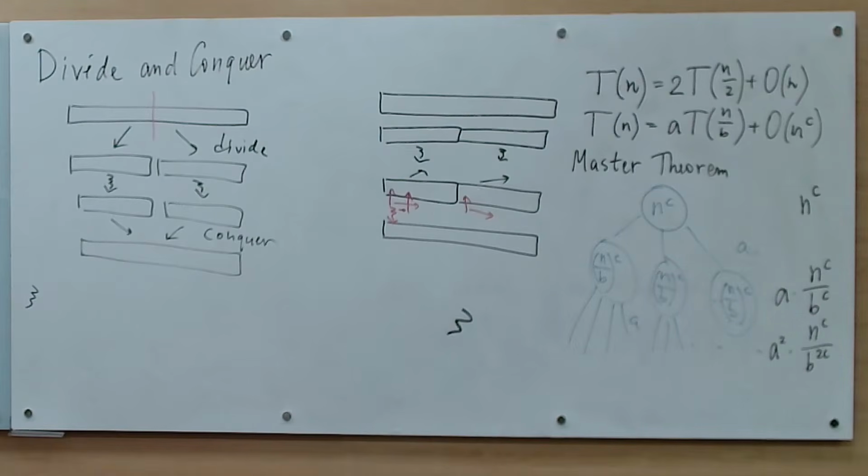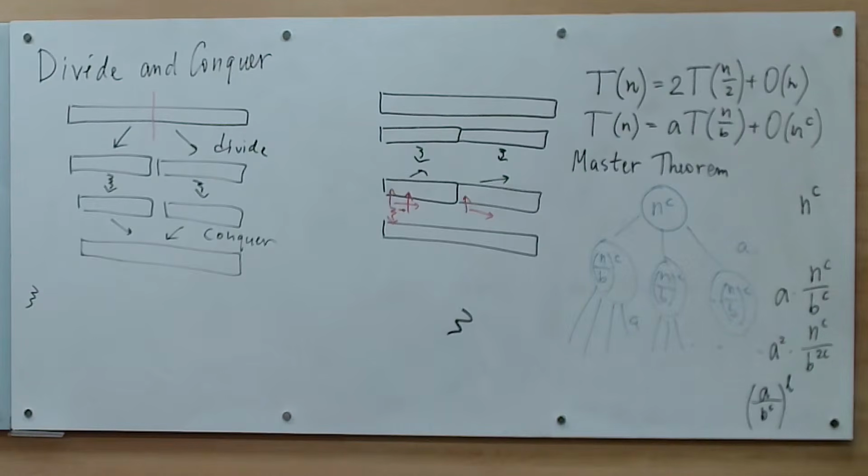Okay? So it's clear that the corresponding level of the tree has a divided by b to the power of c, to the power of the level number L. This is multiplied by n to the power of c, which doesn't matter because n to the power of c is always the same.